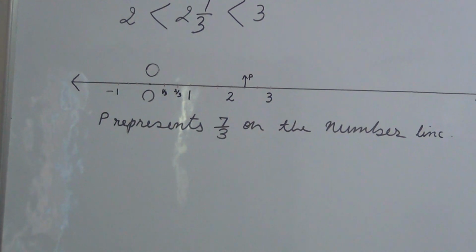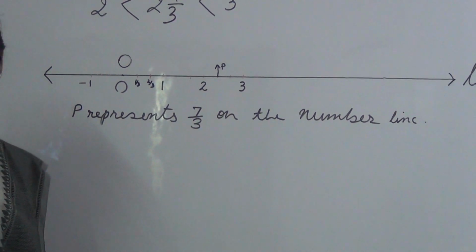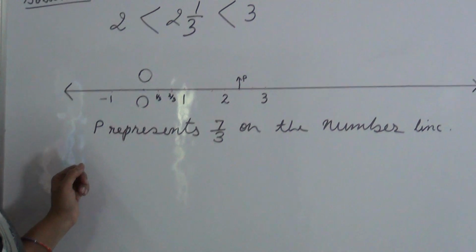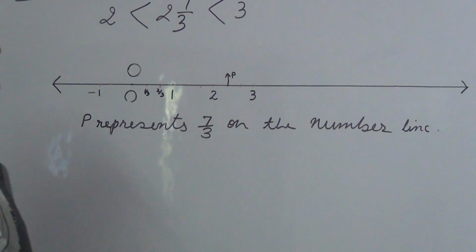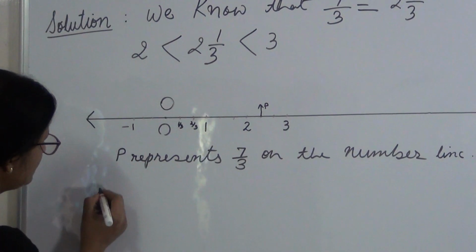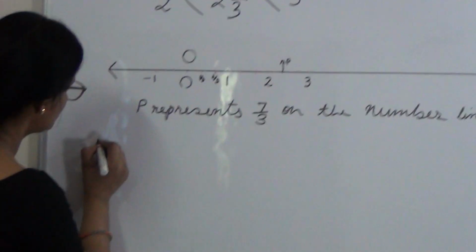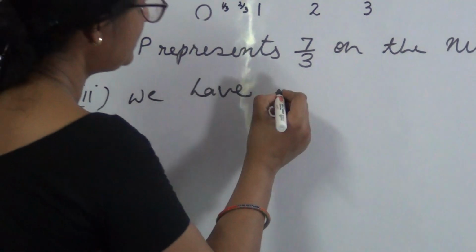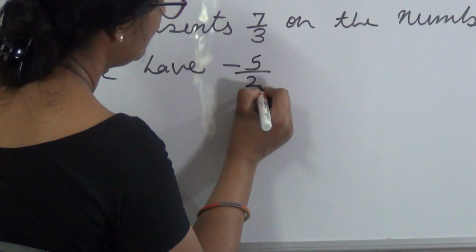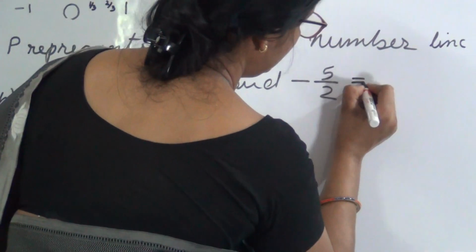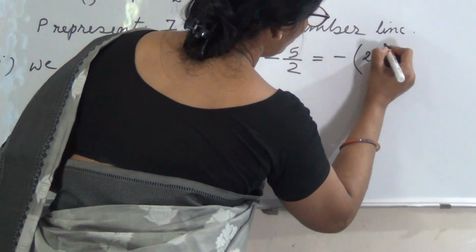In this way, we can also represent minus 5 by 2 on the number line. Here children, we see that it is a negative rational number. So we have to decide in which side of 0 it will lie. It will lie on the left side of 0. So we will write where it actually lies. So we have minus 5 by 2, and minus 5 by 2 is equal to minus of 2 whole 1 by 2.